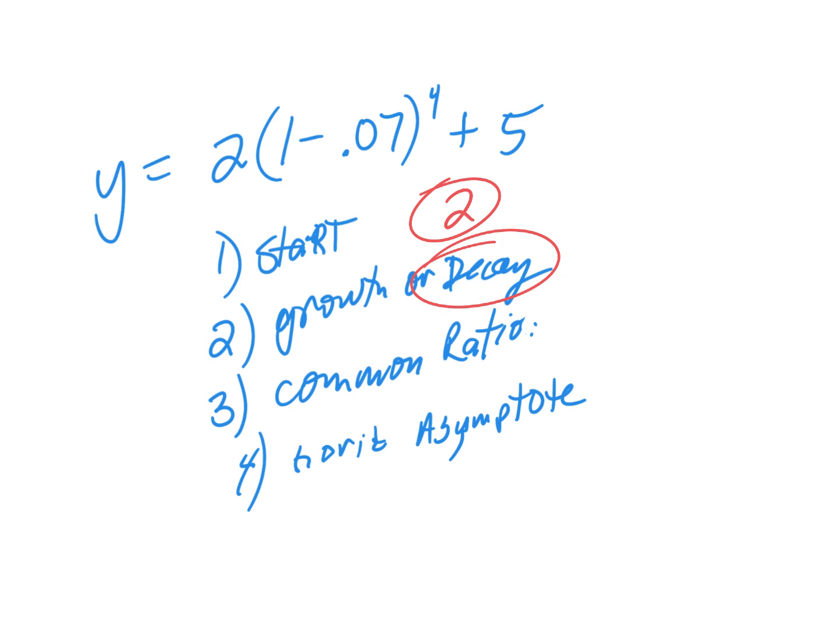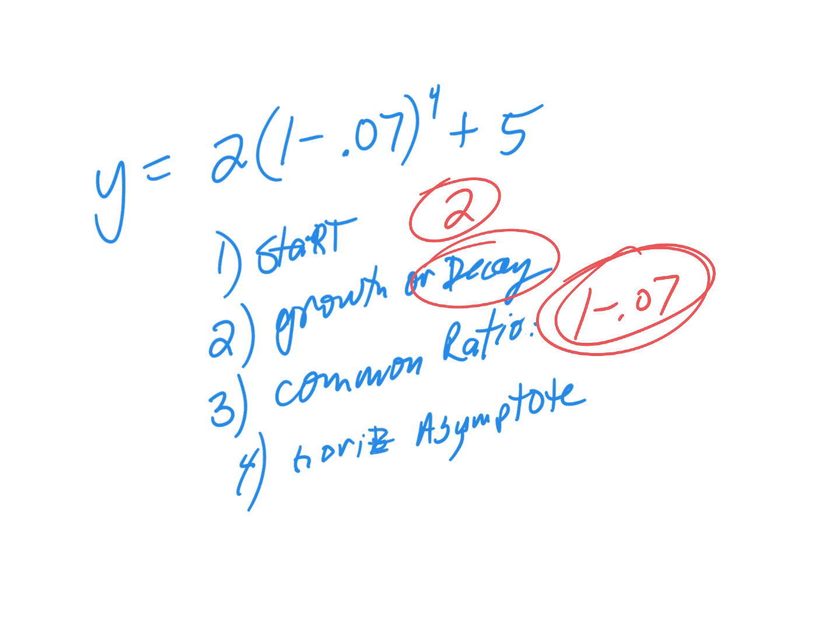Number 3, Ian Henschel, is the common ratio the 0.07? No. A lot of people put that, but it'd be wrong. It's got a 0.07 in it. So what do you think the answer is? 1 minus 0.07. Good. All right, and the horizontal asymptote.